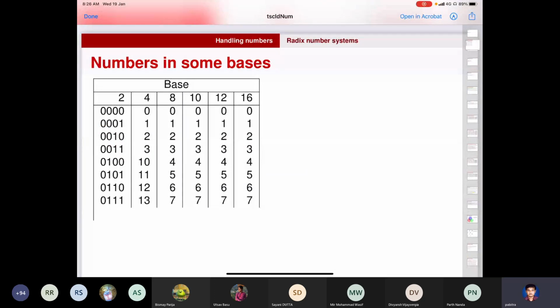Okay, so this is a nice picture we have of the numbers, and you can observe some patterns. For example, one common thing you can see is that the digits go from 0 to base minus 1. So the smaller the base, the more positions, the more digits you need to represent the number.